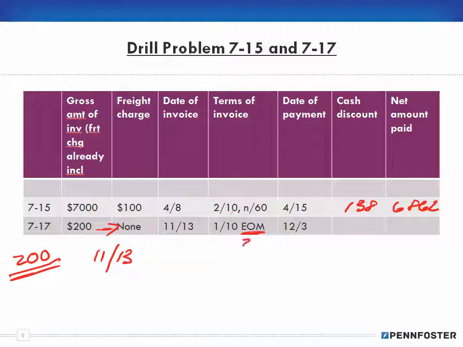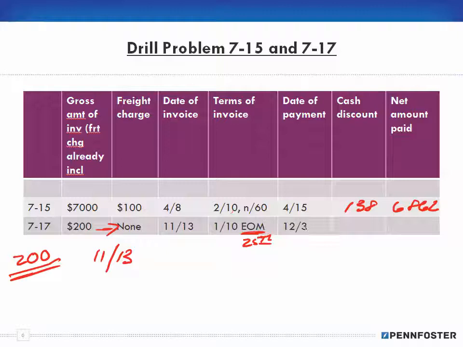If it's dated the 25th or sooner, that means I'm going to pay the invoice on the 10th day of the following month. If it's dated the 26th or later, I'm going to pay it the 10th day of not the following month, but the month after that.